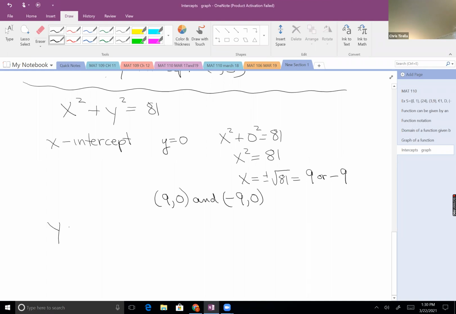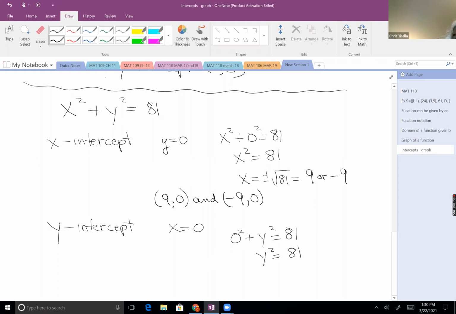And in the same way, if I'm looking for the y-intercept, I'm going to substitute in 0 for x. And so that would give me 0 squared plus y squared equals 81, which would give me y squared equals 81.